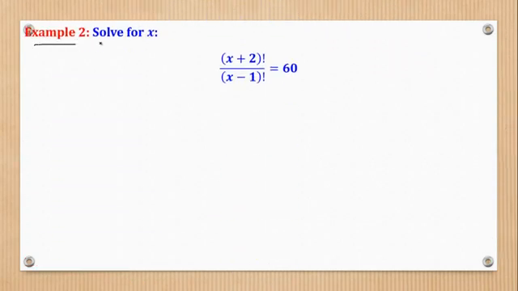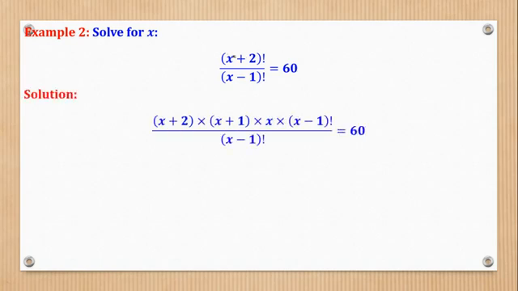Then example 2 says solve for x when they give you x plus 2 factorial over x minus 1 factorial equal to 60. So still we are going to do the same. We are going to expand the numerator to be similar to this. So first is x plus 2, minus 1 gives x plus 1, minus 1 gives x, minus 1 gives x minus 1, which is here.